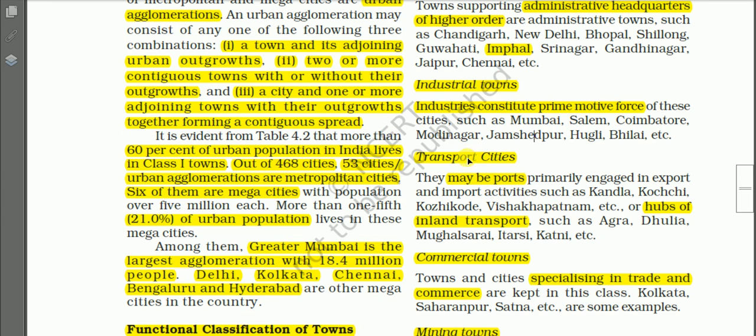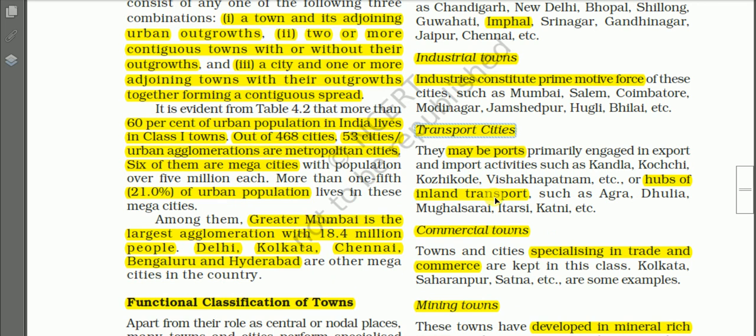Next, we have transport cities. Actually, transport cities may be ports, primarily engaged in export and import activities, such as Kandla, then Kochi, Kozhikode, Visakhapatnam. So these are examples of ports.